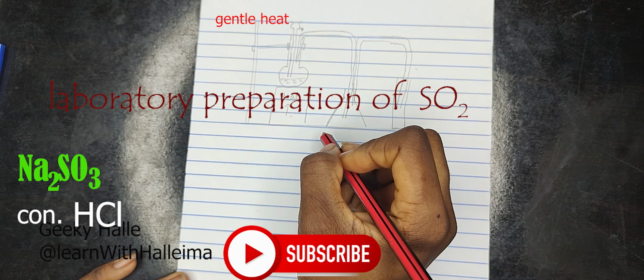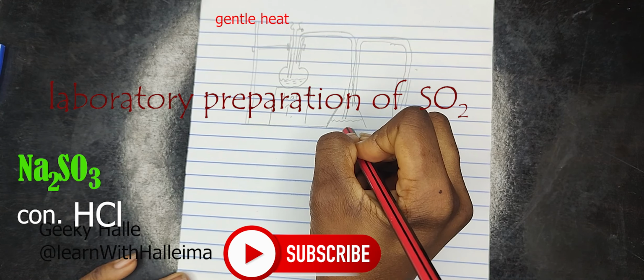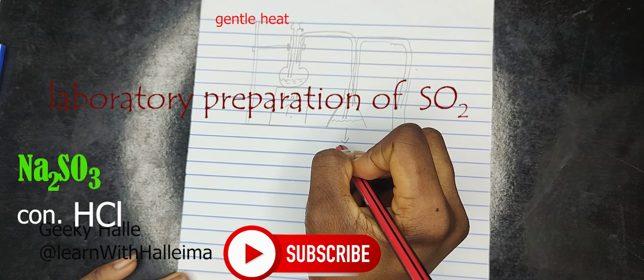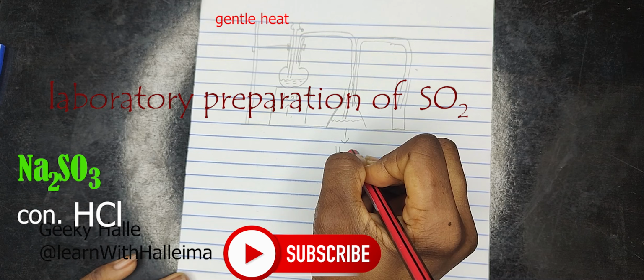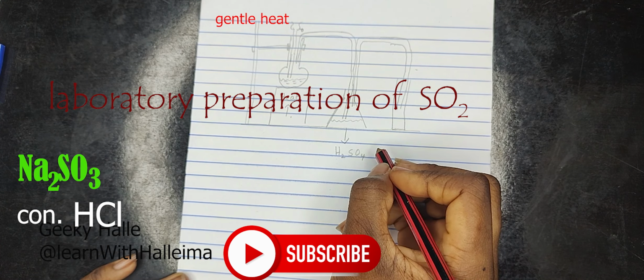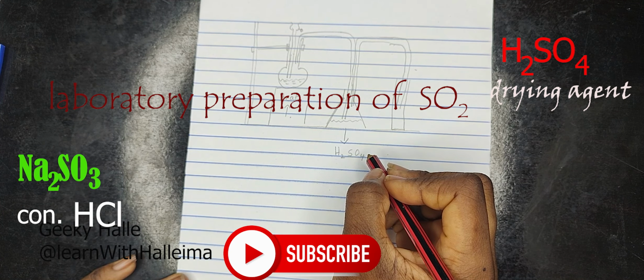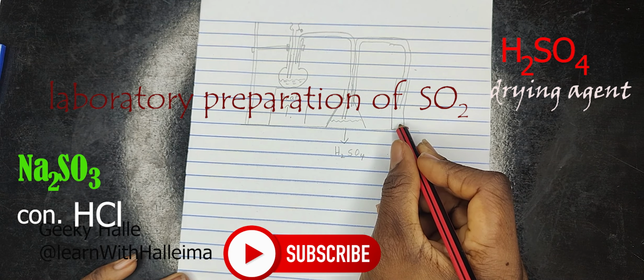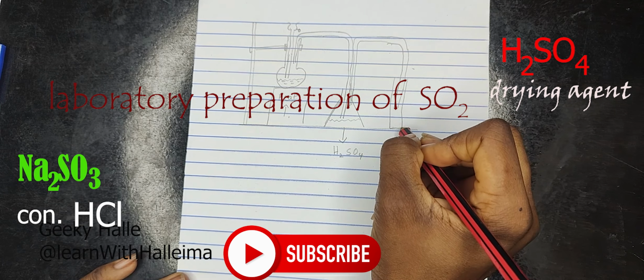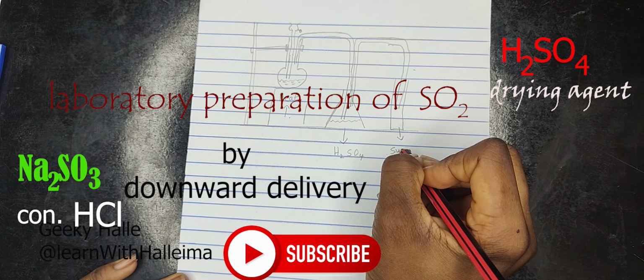Then the gas is passed through the H2SO4. And is then collected in a glass jar by downward delivery, which is the sulfur 4 oxide.